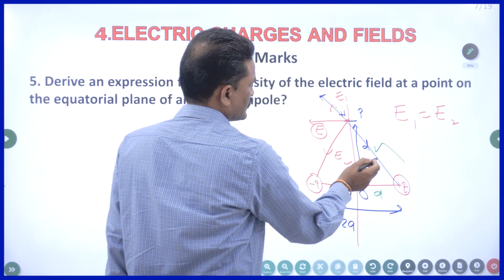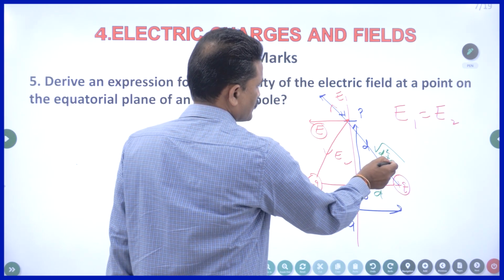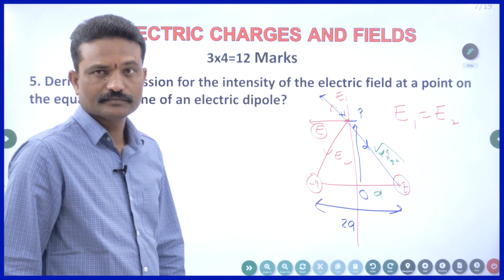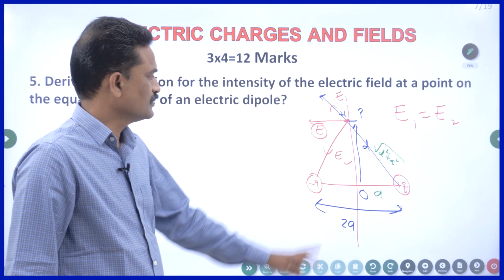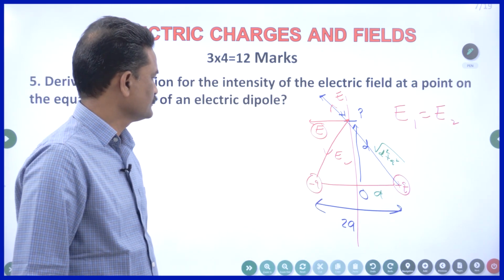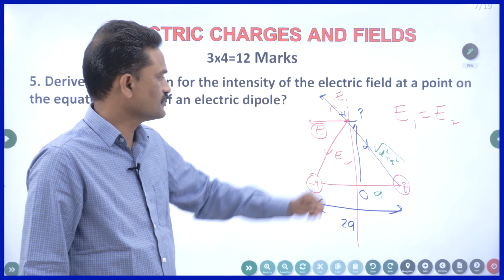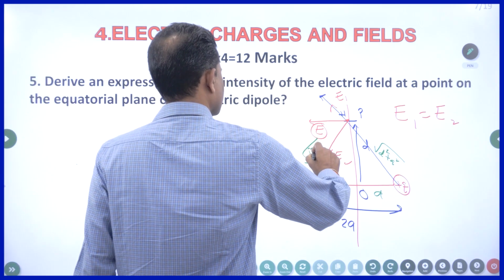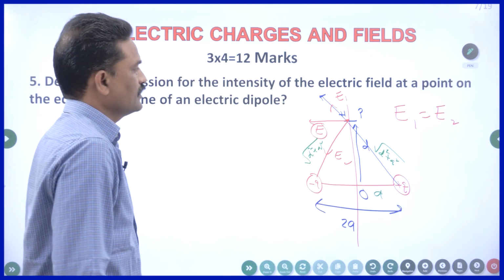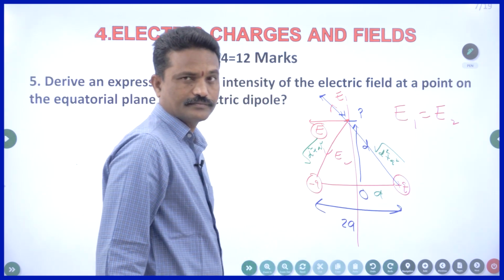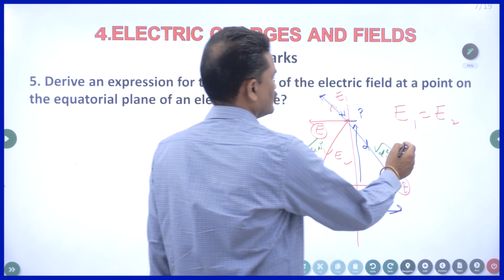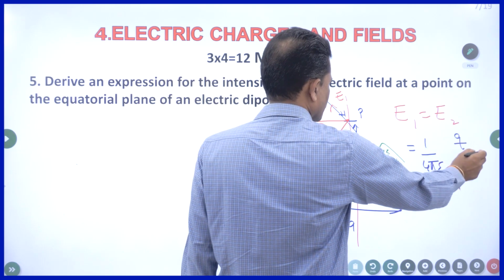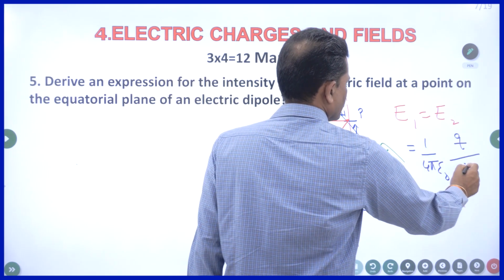From Pythagoras theorem, this is d square plus a square: square of the base and square of the height, then you will get the square root of the hypotenuse, right? This square plus this square is equal to that square. Is this clear? Even here also, this is d square plus a square. That is the reason why both E1 and E2 are equal. Their values are equal to 1 by 4 pi epsilon naught q by the square of this distance, that is simply d square plus a square.